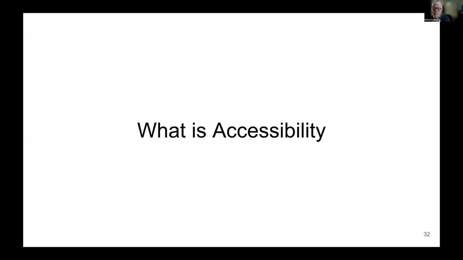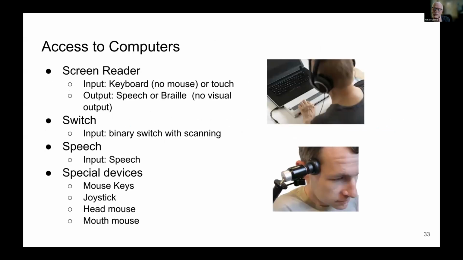So what is accessibility anyway? At a minimum, if we're in computer science, it means access to the computer, being able to use the computer.